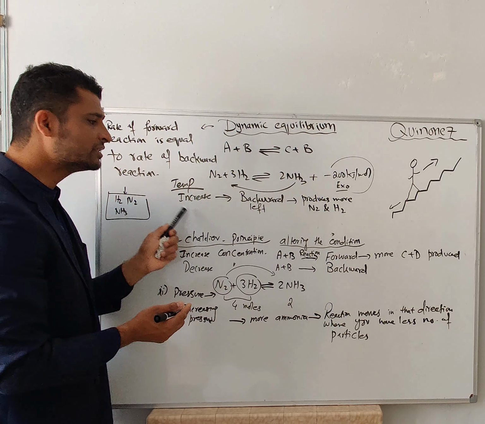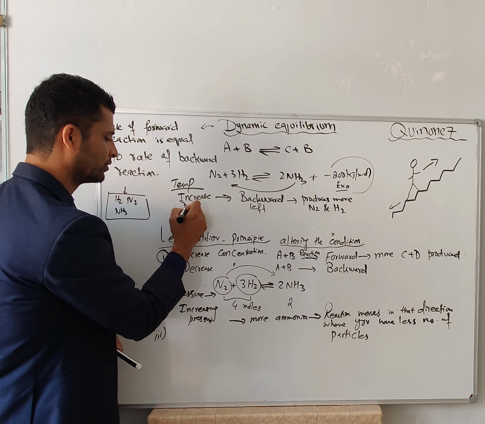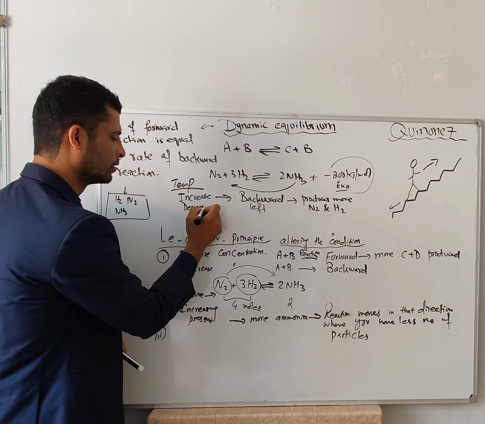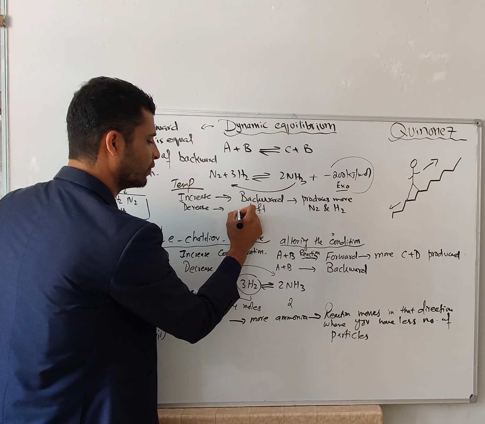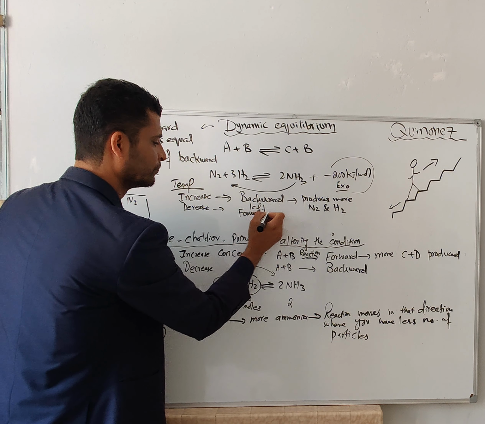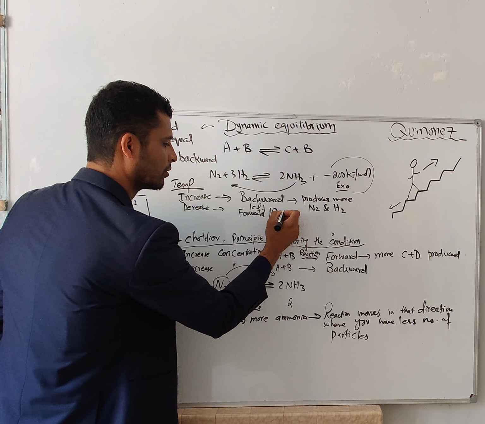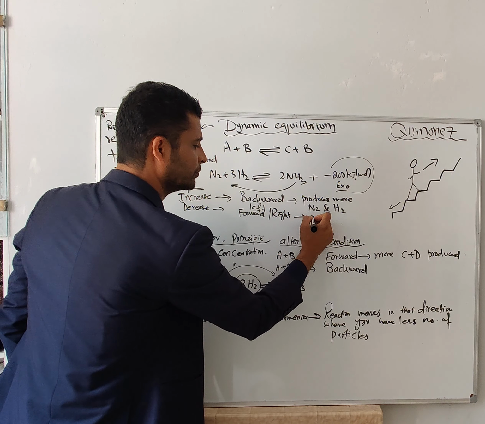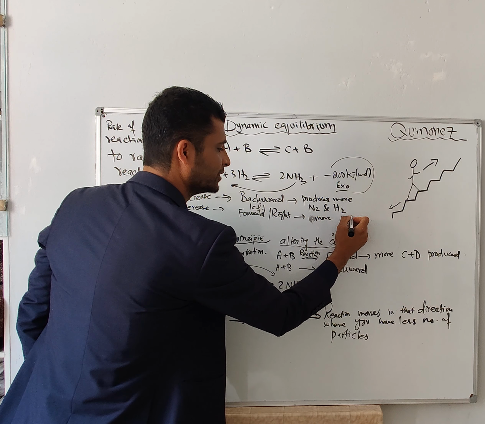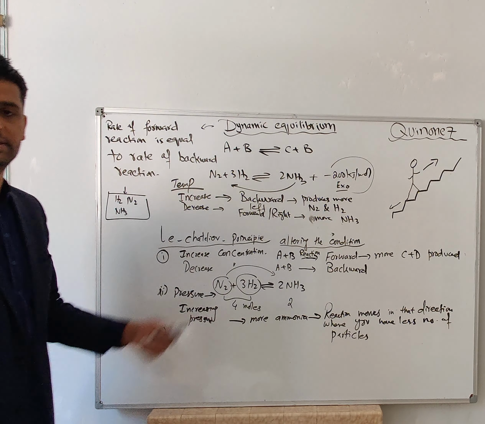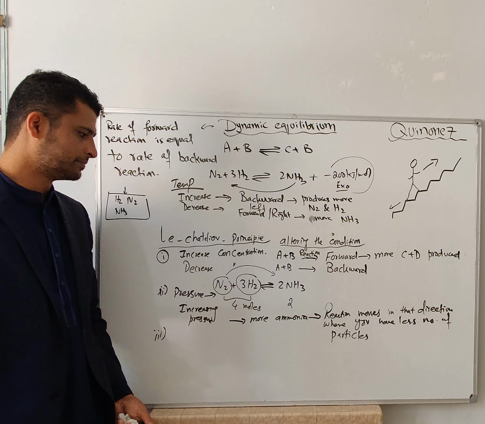So if you decrease the temperature, it will go forward direction or right hand side, and you produce more NH3. It is an exothermic reaction.